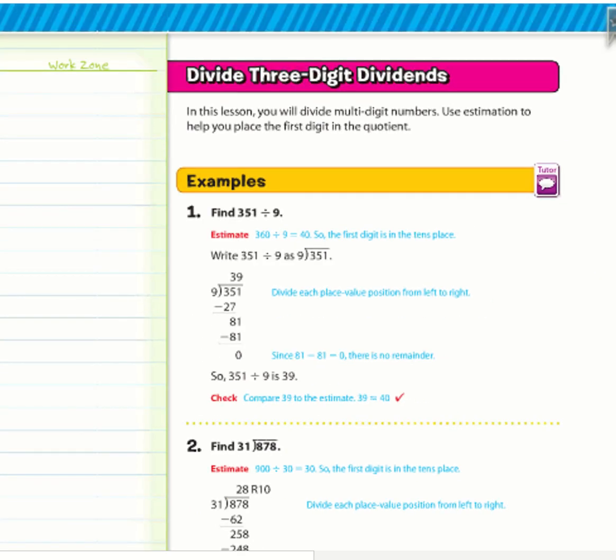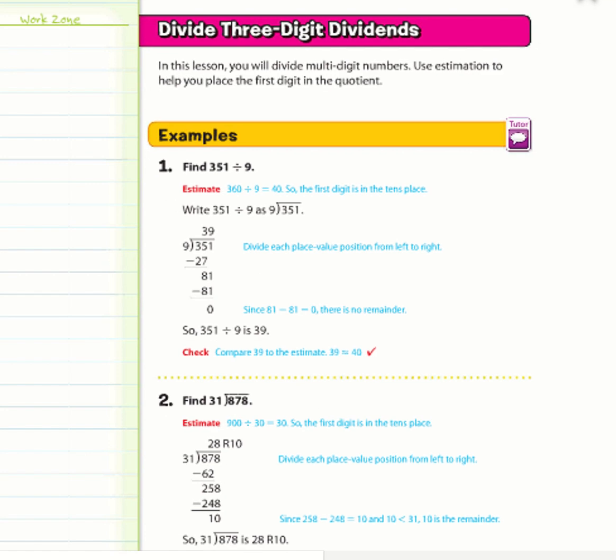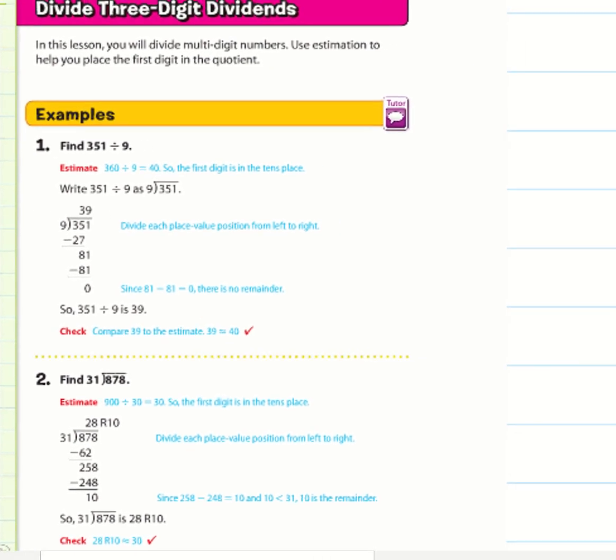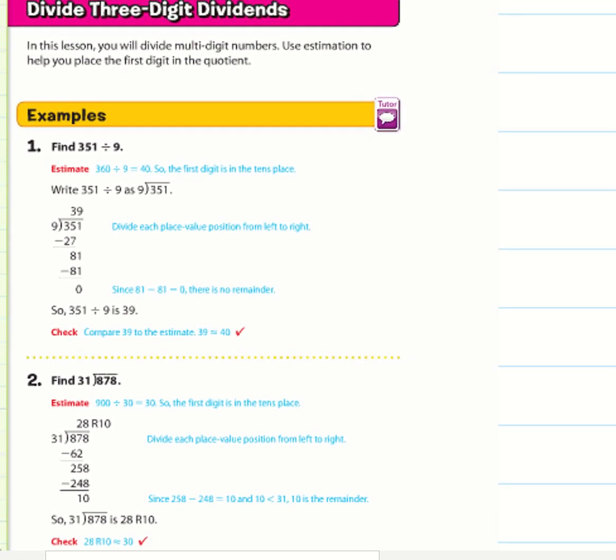So, moving on to the examples. Find 351 divided by 9. The book really doesn't talk about this, but this is the step I want us to use. So we're going to have 9 as our divisor, and inside, our dividend is going to be 351.